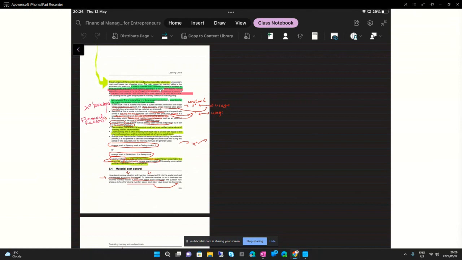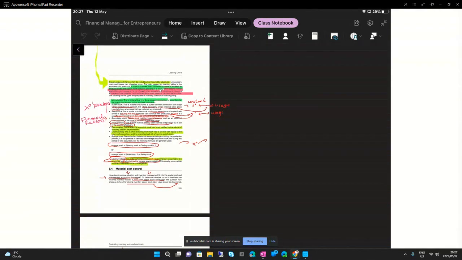If you do not understand what it's all about, you will end up not being able to do the calculation properly because you are not understanding what exactly is being asked. Things like the types and purposes of inventory. Okay, so what are the types of inventory that you will have?